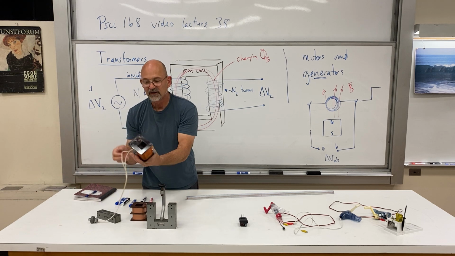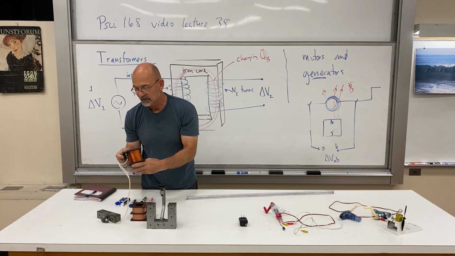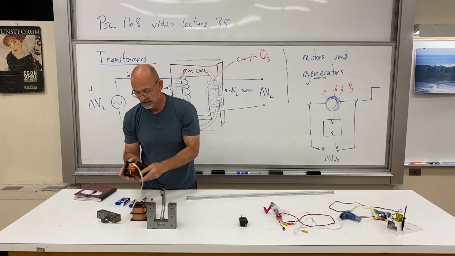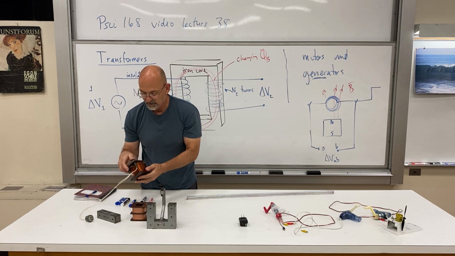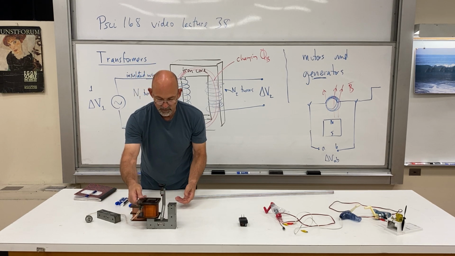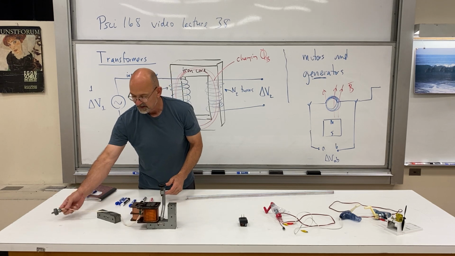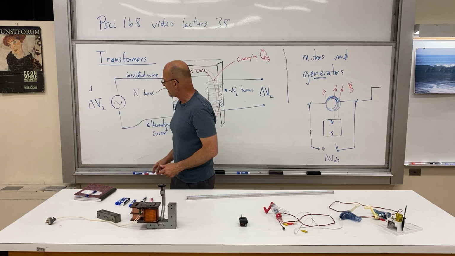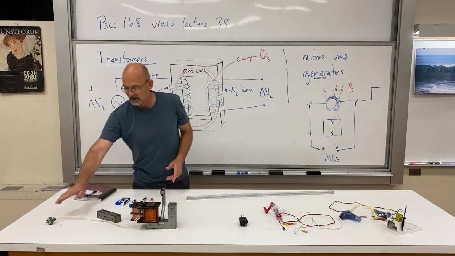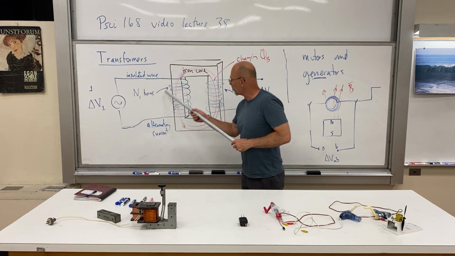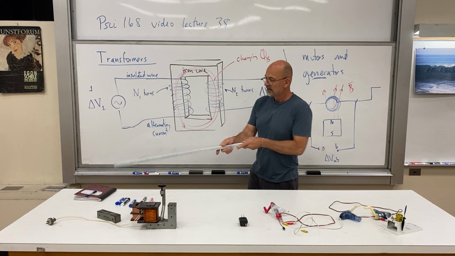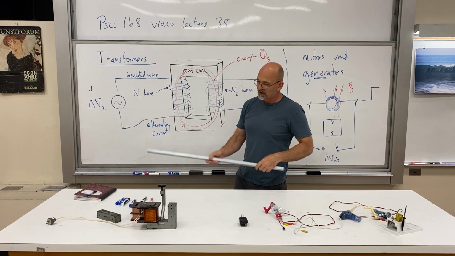So this one has some number of turns. I don't know the number of turns here, but this would be our N sub 1, and this here would be off to the alternating source. So N sub 1 would be right here. This plug represents going off to the alternating source.